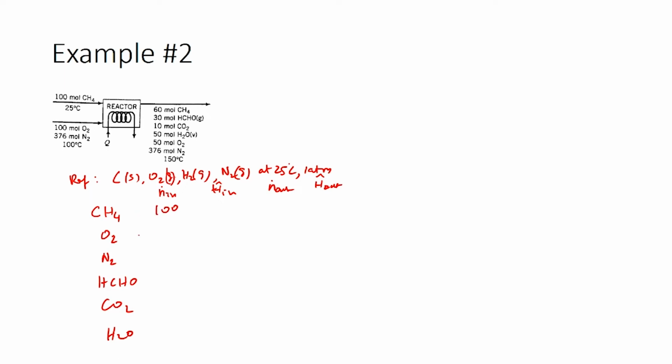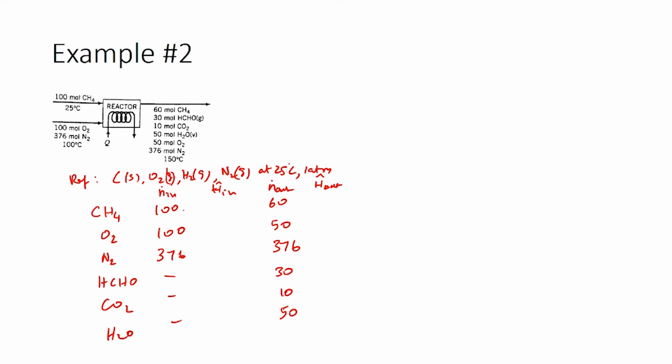You have 100 moles of methane, 100 moles of oxygen and 376 moles of nitrogen coming in. You do not have any moles of formaldehyde, carbon dioxide or water coming in. In the exit stream you have 60 moles of methane, 50 moles of oxygen, 376 moles of nitrogen, 30 moles of formaldehyde, 10 moles of carbon dioxide and 50 moles of water, all leaving the system.